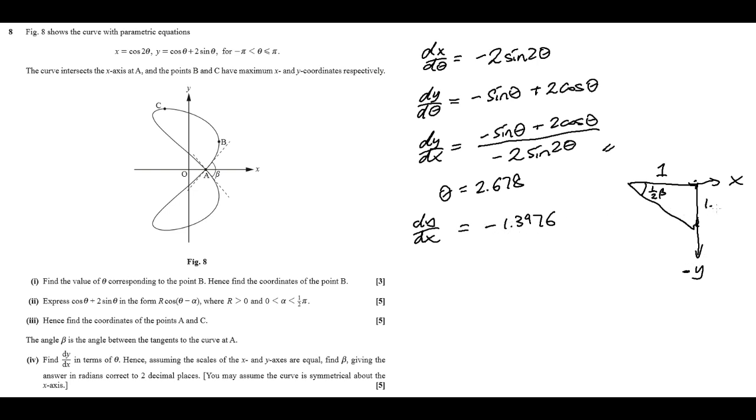So this is 1.3976, and there we have a trig function: tan of half beta equals 1.3976 divided by 1. From that we can deduce that half beta has to be 0.9498, and therefore beta is 1.90.